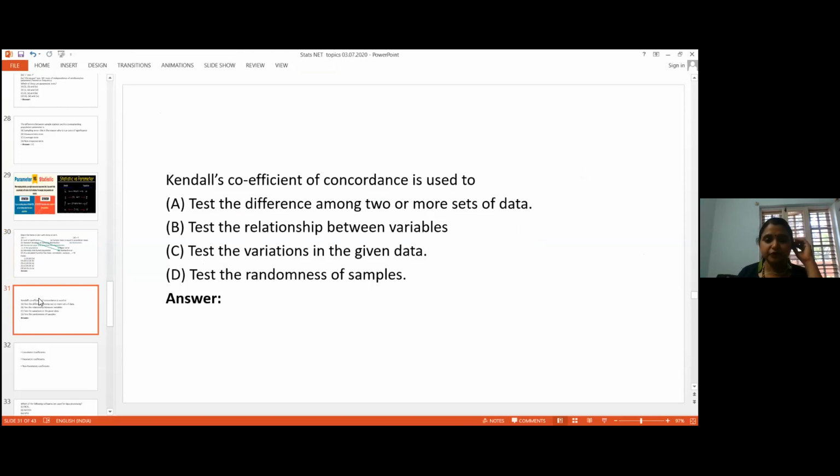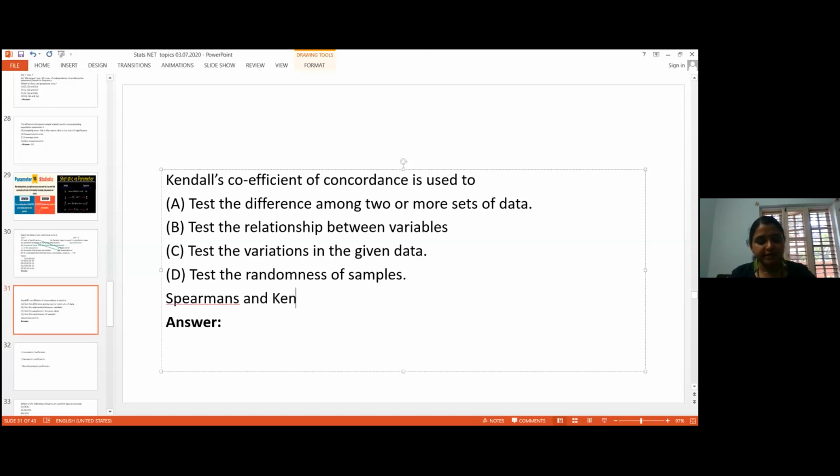Kendall's coefficient of concordance is used to... you remember previously I told you what is Kendall's test or Kendall's coefficient? Yes or no? Spearman's and Kendall's rank correlation, it's called.